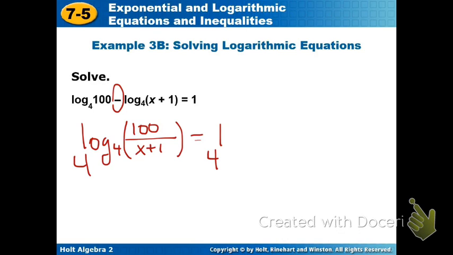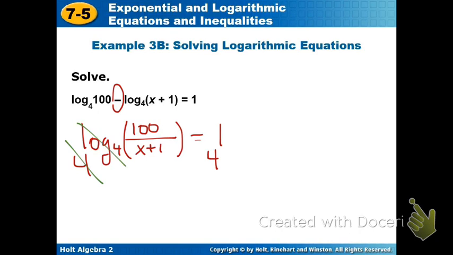And remember when you do this, now all of this and all of this have become the exponent, right? So you have 4 to the log base 4 of 100 divided by x plus 1 equal to 4 to the first power.